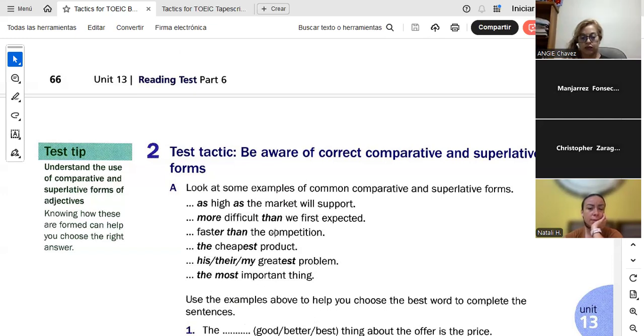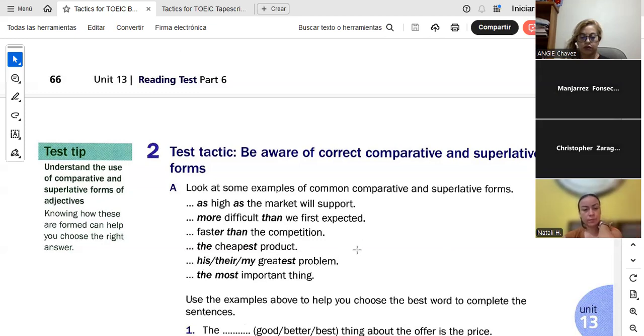And watch out. The examples we have are common comparatives and superlatives, of course: as high as the market will support, more difficult than, faster than, the cheapest, his or my greatest problem, or the most important, no? These are the most common comparative and superlative forms.